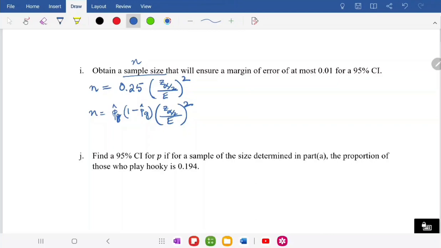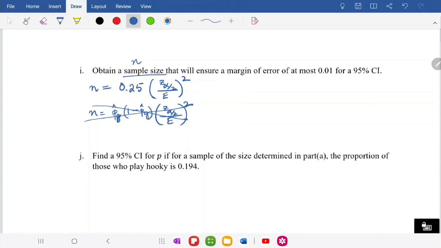Now, if the question does not ask you to use the guesstimated proportion, then do not use this formula, all right? Because if you have to find it using the guesstimated proportion, you should be given what the guesstimated proportion is. Here, they haven't given us the guesstimated proportion.